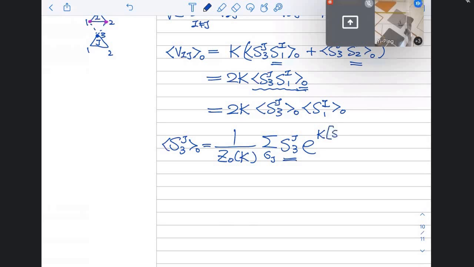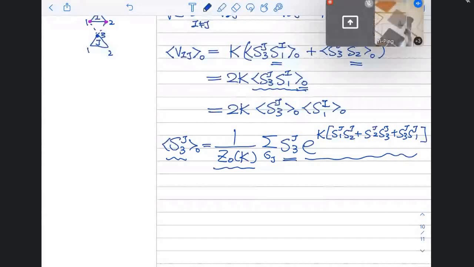Now everything, okay, so this is for a particular triangle, the corresponding Boltzmann factor, and we know what the partition function is for each triangle. The expectation value of Sj3, we just put it right there, and we are summing over all the possible little spin configurations.